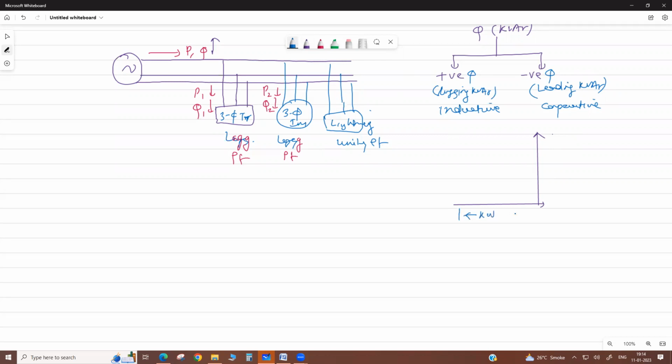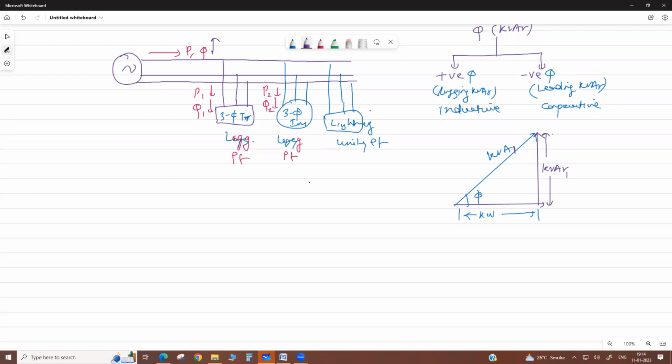It is fixed, this is the real power. We add all the reactive power, this is the total Q. Now their vector sum gives the apparent power, kVA. This is your kVAR 1, and corresponding to this there is kVA 1.